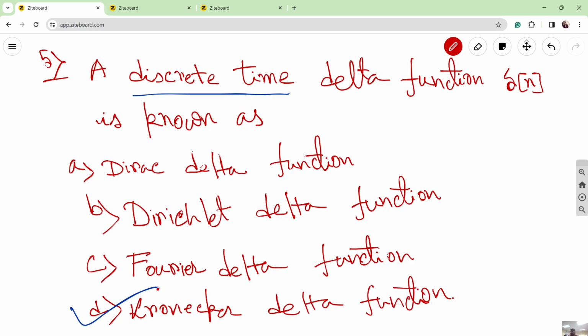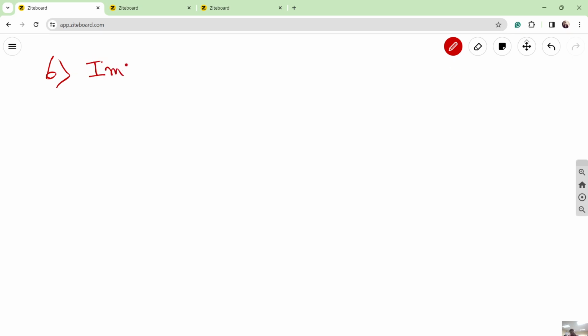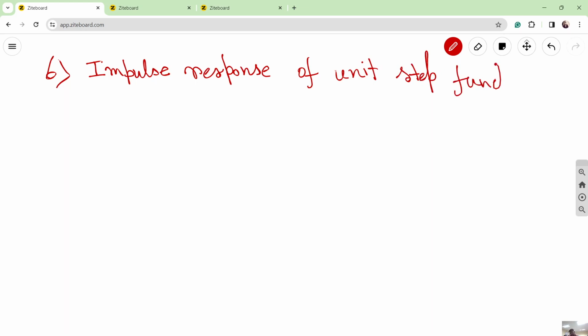Now let us go to the sixth question. What is the impulse response of unit step function u of n?